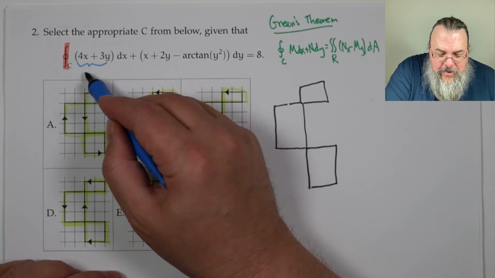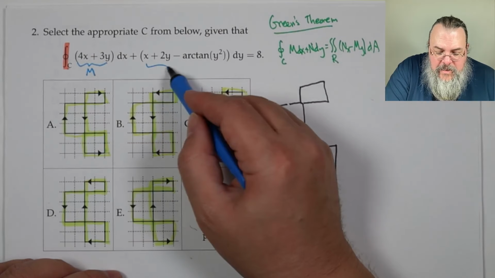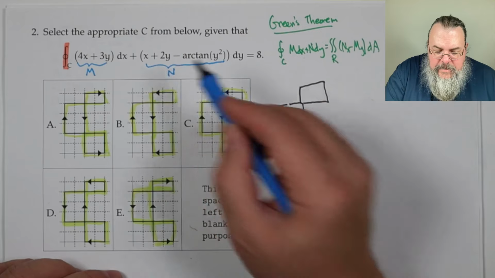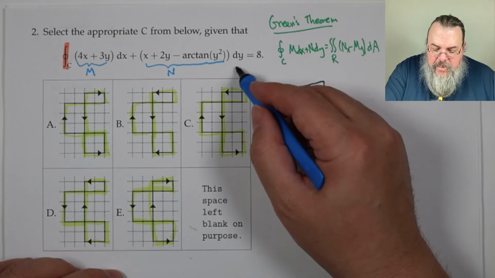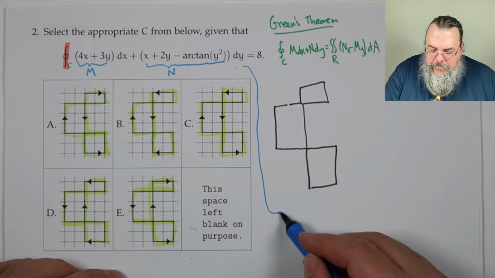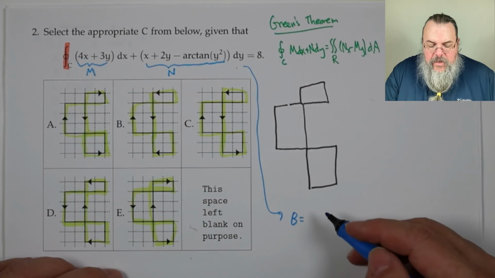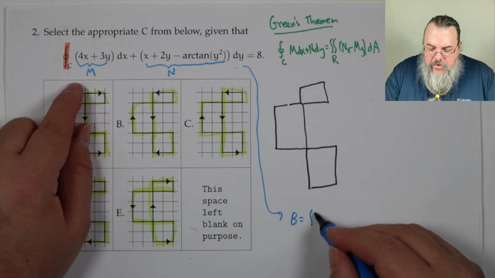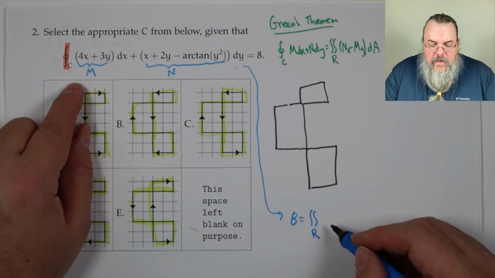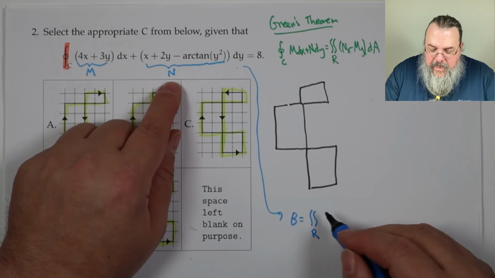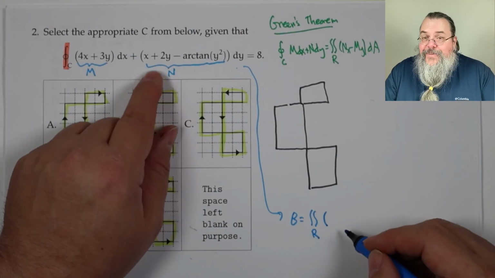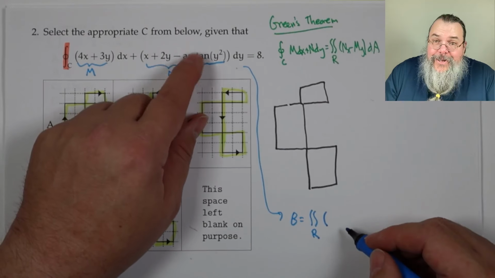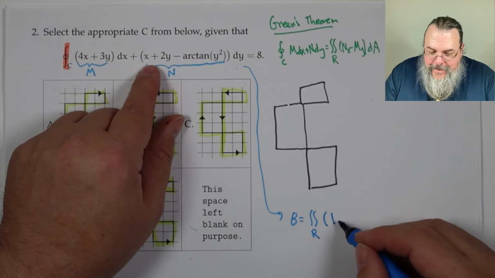Here we have our m. Here we have our n. So this becomes the following. 8 is equal to the integral over the region of n sub x. So take the derivative with respect to x, and notice this terrible looking thing is gone.